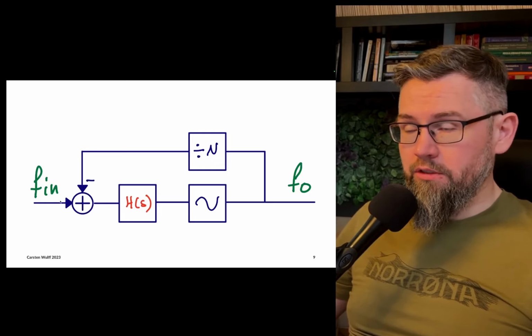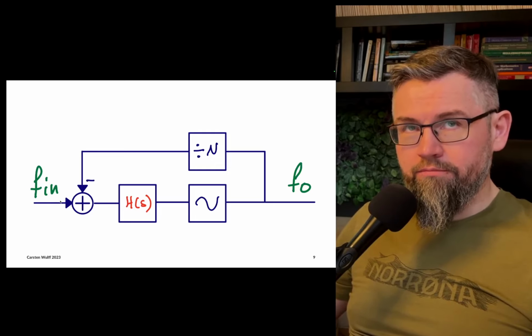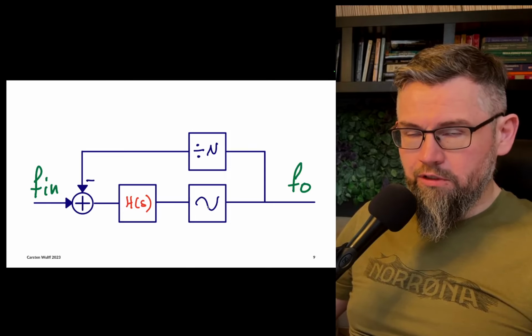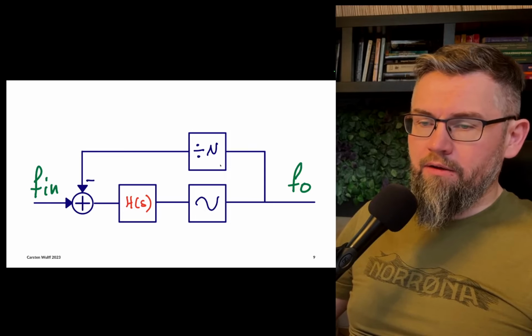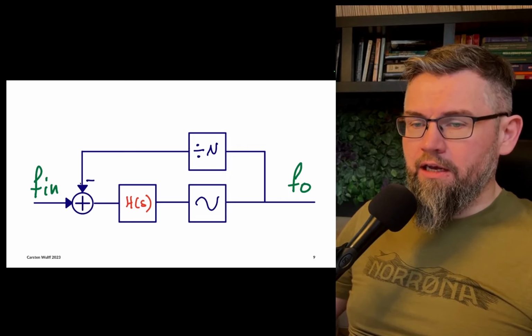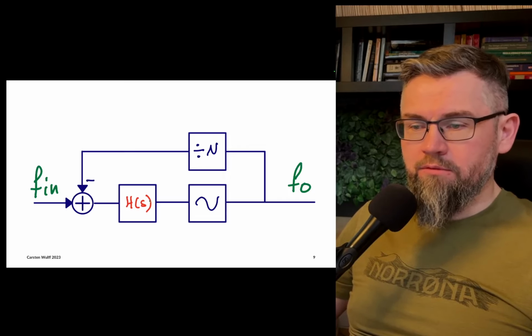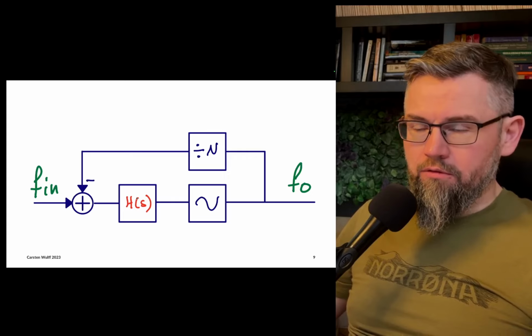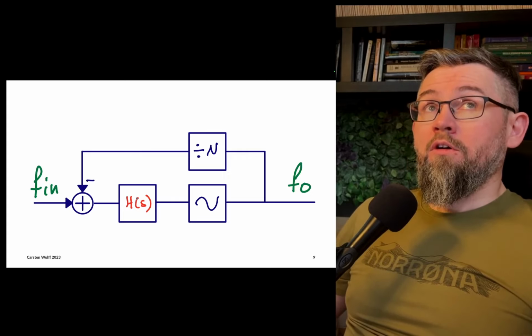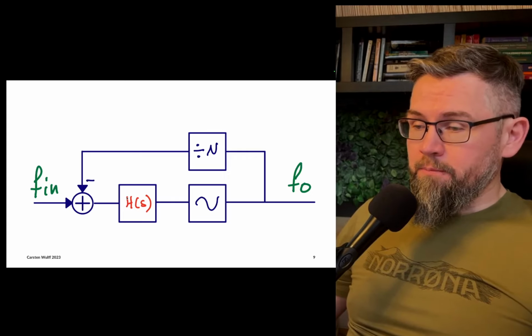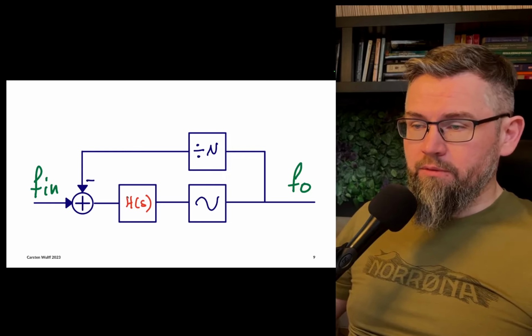You can actually do this with digital also, or you can use a digitally controlled oscillator, and you can feed back, just measure the frequency, and you compare the frequency, and you have some sort of loop filter to reduce the error. And then it becomes a frequency lock loop.